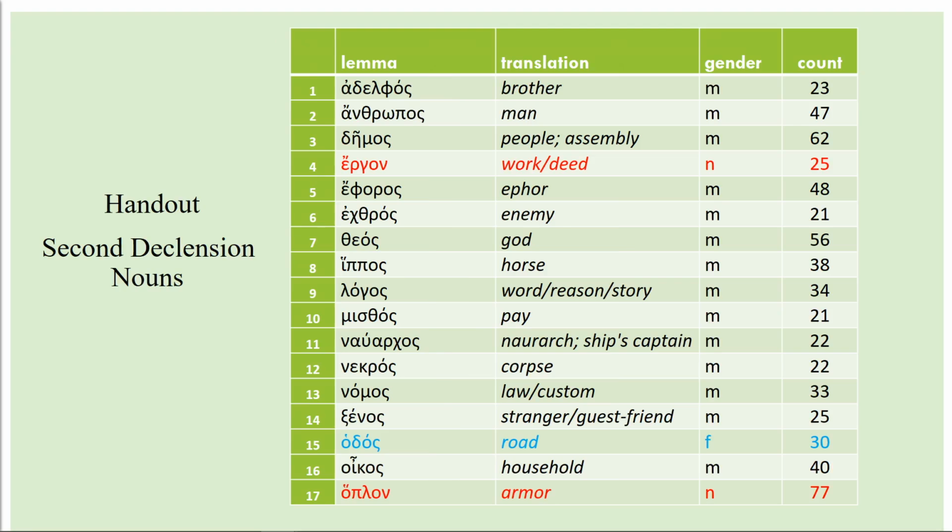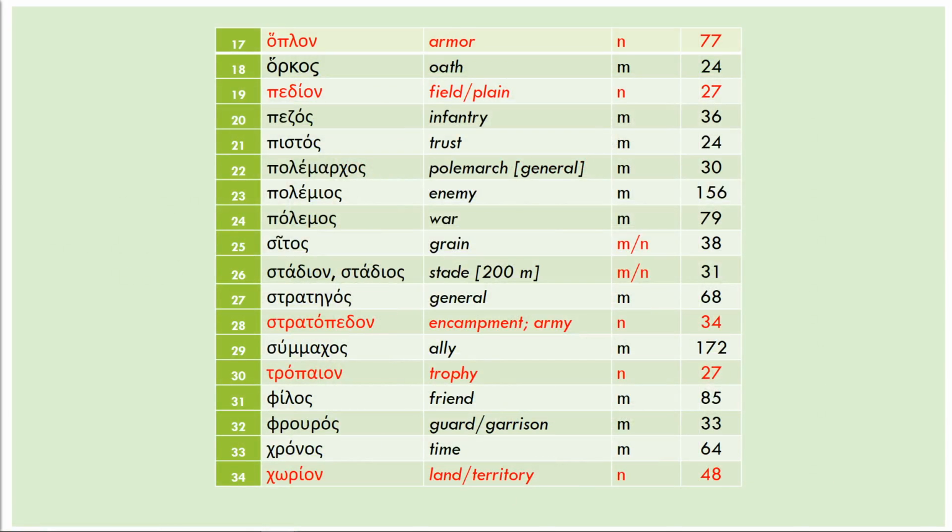On the next page, we also have pedion, a field or a plain. Stratopedon. Strategos is a general. Stratopedon is an army encampment. Sometimes it's just the army. Tropaion becomes the word trophy, and chorion is land or territory.